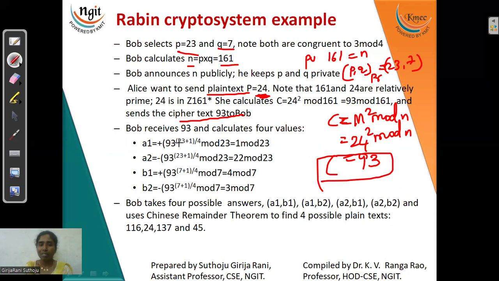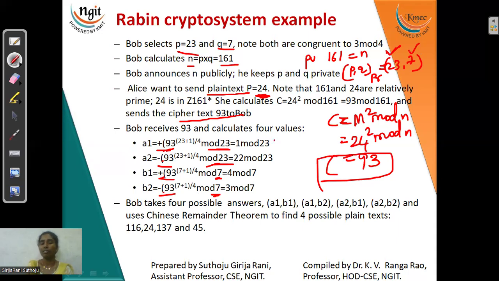Now this receiver will take this as plus 93 and minus 93. What is plus 93 with P, which is 23? Minus 93 with P, 23. Similarly, plus 93 with Q, which is 7, and minus 93 with Q, 7.